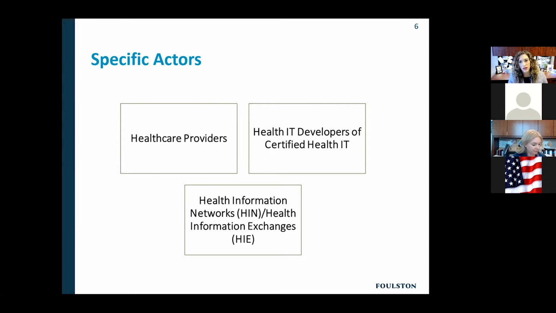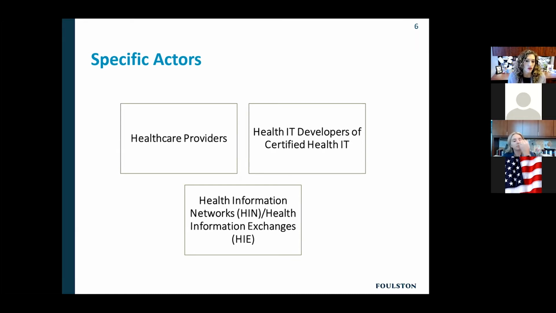So the information blocking rule contains many definitions, and several are somewhat different from what those of us who are well educated in HIPAA would know them to be. As much as HIPAA and the information blocking rule are somewhat intertwined because they deal with the same type of information, the definitions are different.